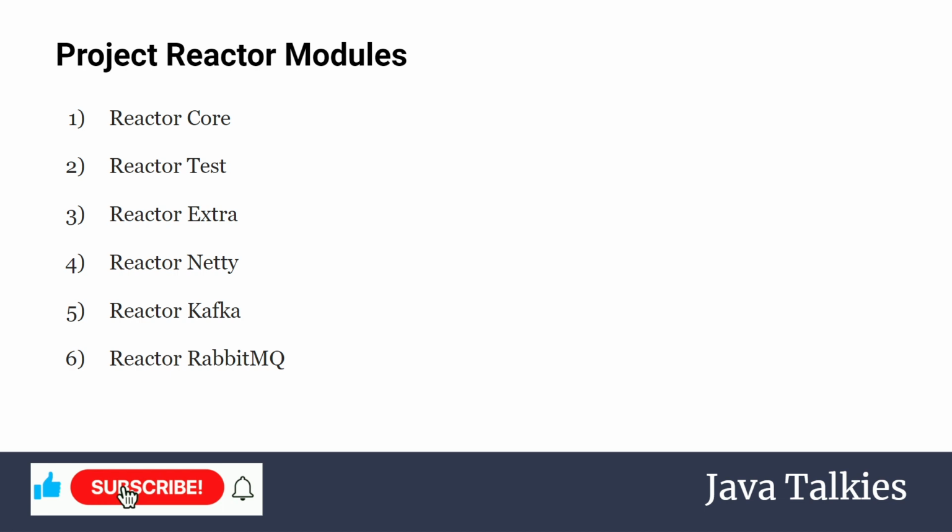And Reactor Kafka and RabbitMQ, these two libraries are used to publish and consume data from Kafka and RabbitMQ. We have multiple libraries provided by Project Reactor. Mainly we'll use Reactor Core and Reactor Test based on our requirement.